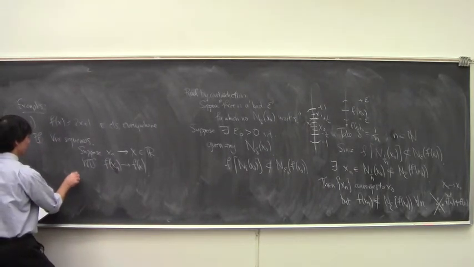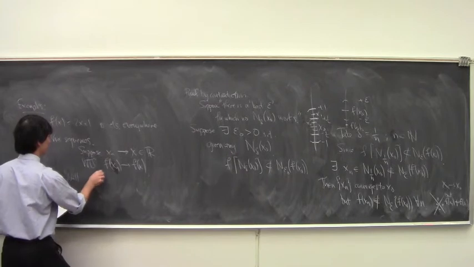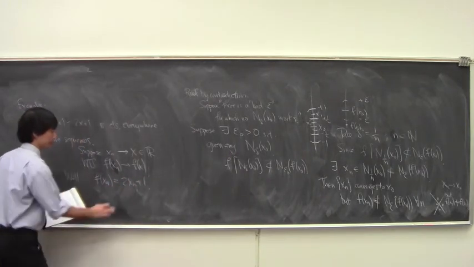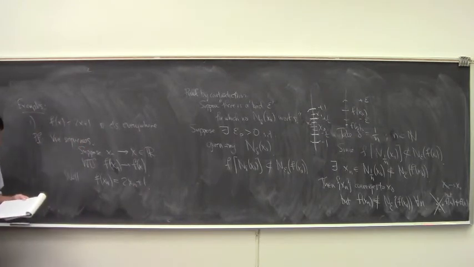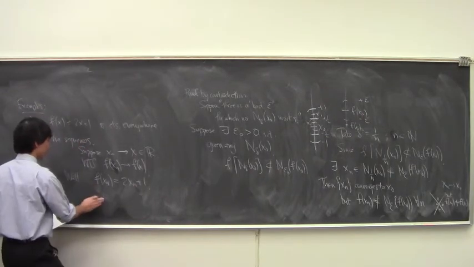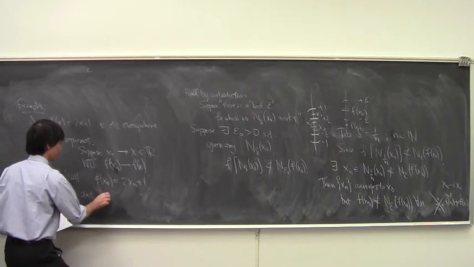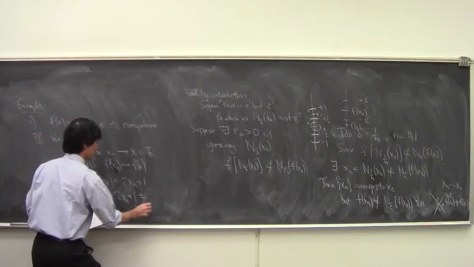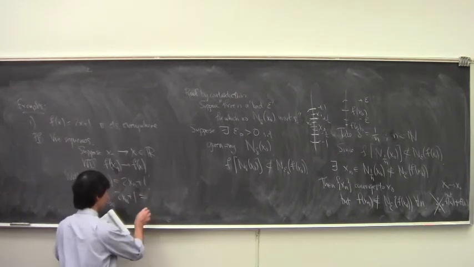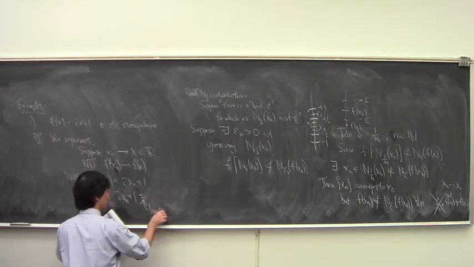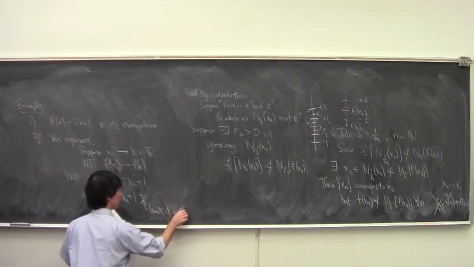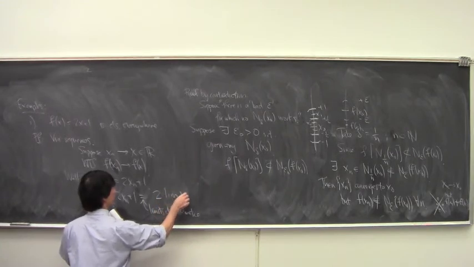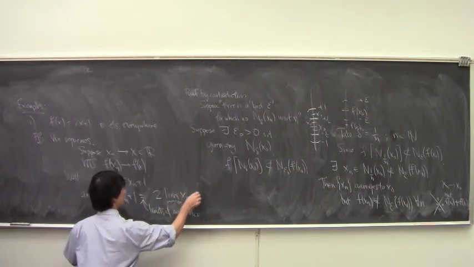Well, f of xn is 2xn plus 1. And the limit as n goes to infinity of 2xn plus 1 is, by the limits and arithmetic theorem, 2 times the limit of xn as n goes to infinity, plus 1.